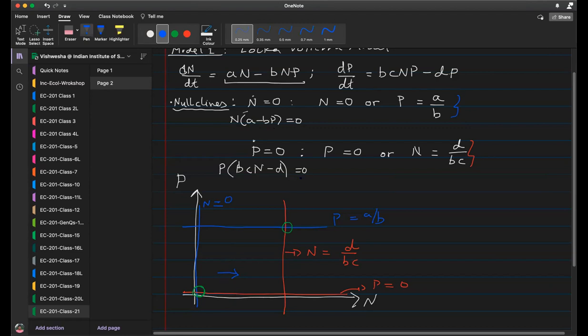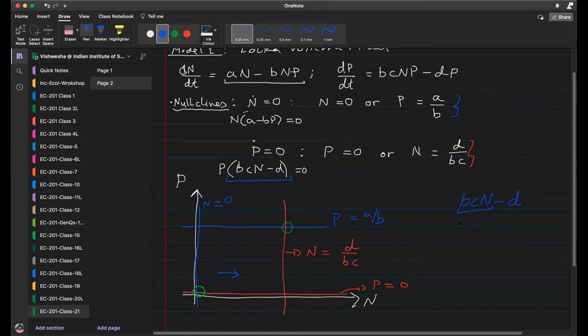Now, what happens to predators? Just look at this. I'm below: N is below D by BC, right? So N is less than D by BC. When N is less than D by BC, just look at this term. We have BC N minus D, right? Now, if N is less than D by BC, what happens to this term?